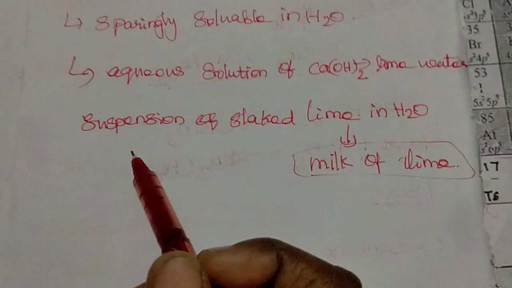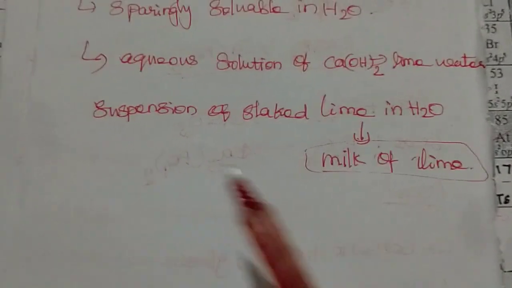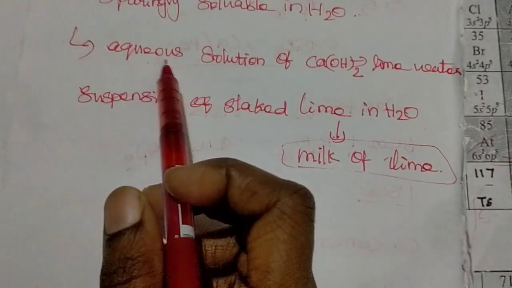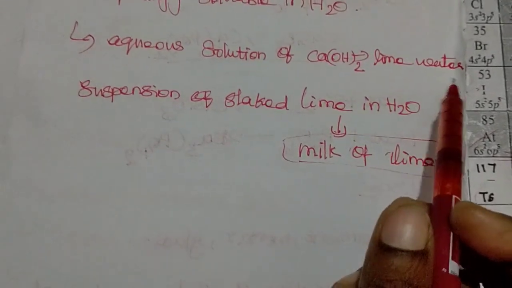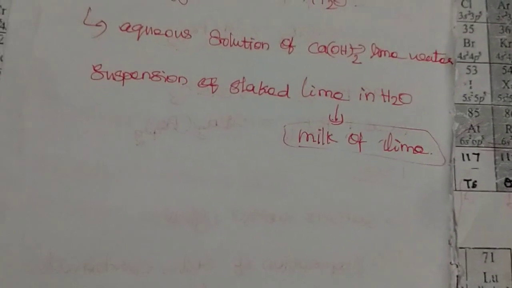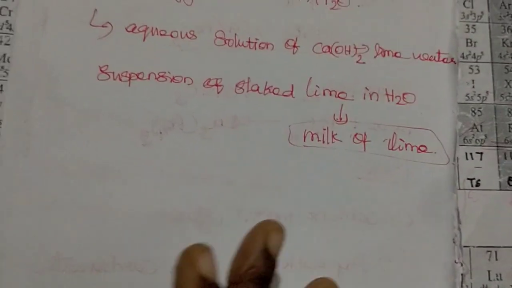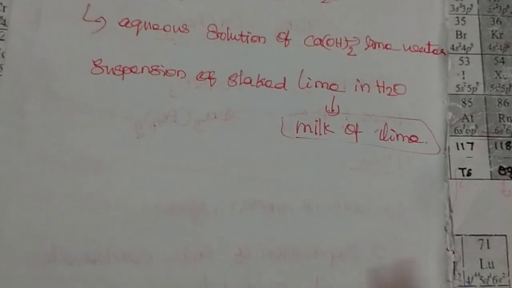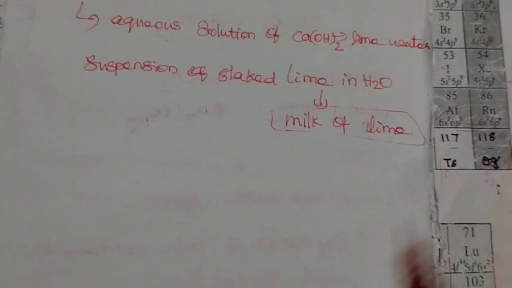When treating lime water, the aqueous solution of calcium hydroxide, with carbon dioxide, that is, passing carbon dioxide through this lime water, the lime water will turn milky in color.